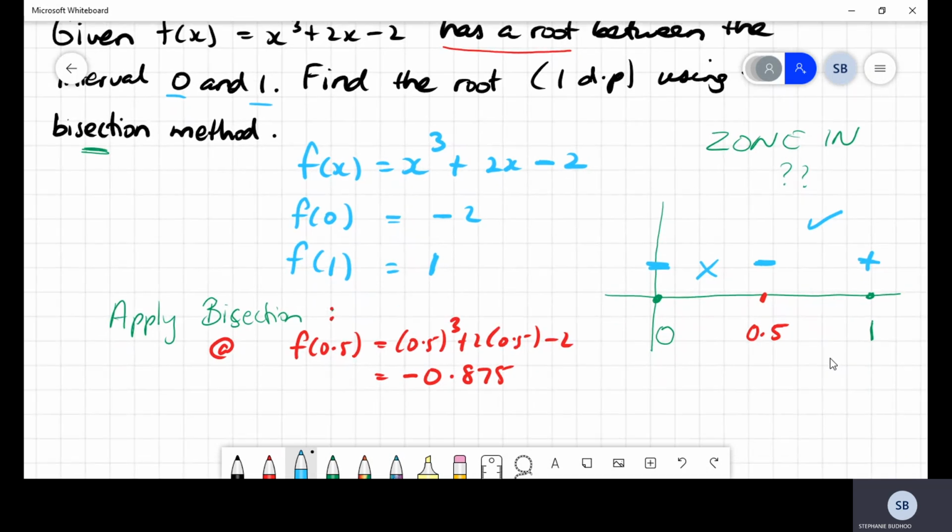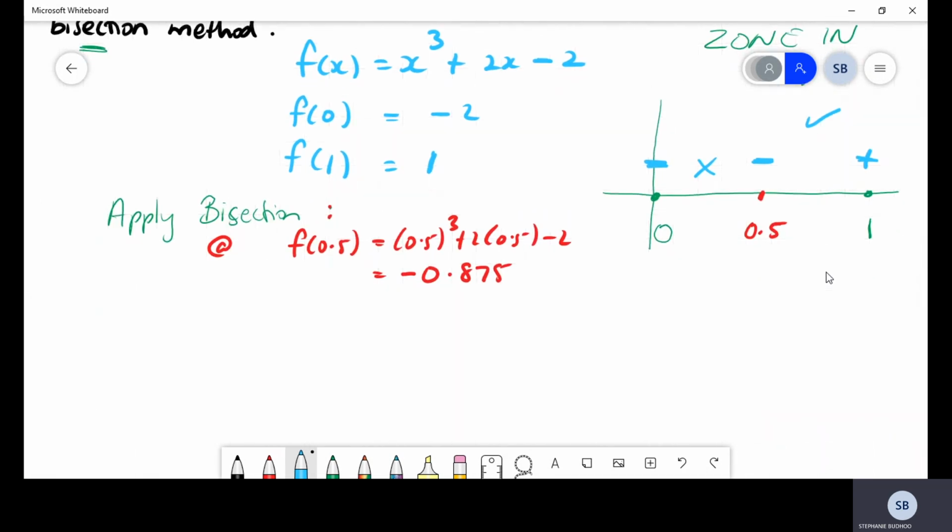Now, once again, using the bisection method, so we applied it the first time, we're going to apply it again. And how do we determine what value we are going to find? Well, because it's the bisection method, we are going to bisect 0.5 and 1 in half.